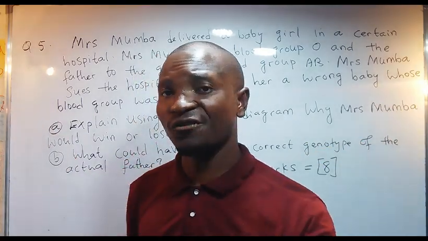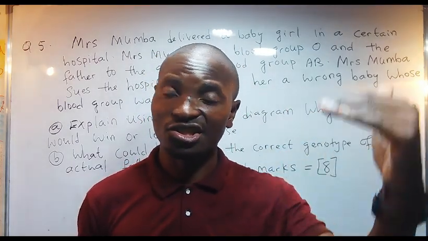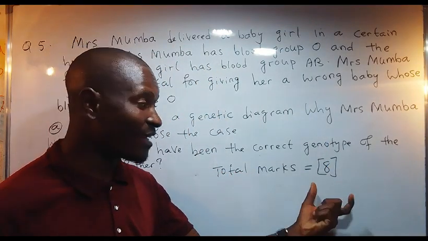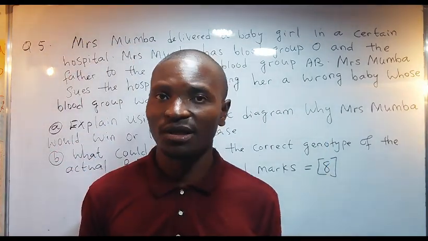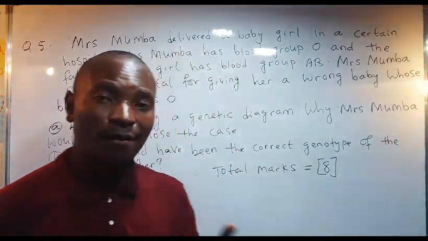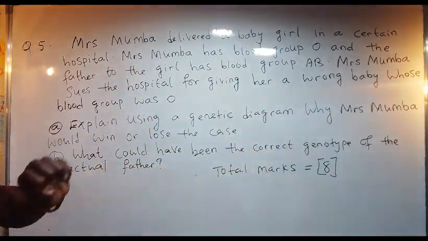Without further ado, this question came from Section A, and it carried 8 marks. The question is as follows. I'm sure each one of you can read on my board right here.